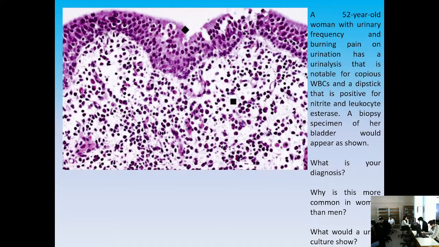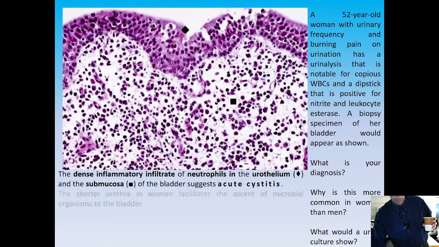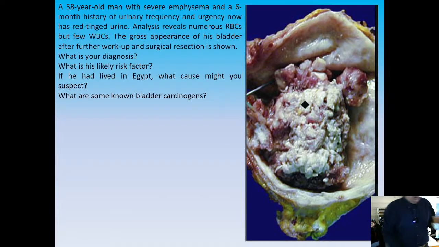What type of epithelium covers the bladder mucosa? Yes, it's urothelium. So let's see the tumors of the urothelium. This is one type of tumor which has an exophytic configuration. When it remains exophytic, it's not dangerous.